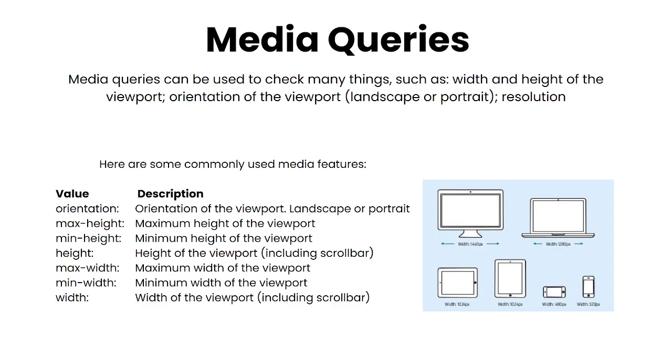Let's dive right in. We're going to be looking at media queries. Media queries can be used to check many things such as the width, height of a viewport, orientation. Basically, it's for different sizes of screens. You can change how your website looks from a desktop computer to a laptop to a tablet and even a phone.